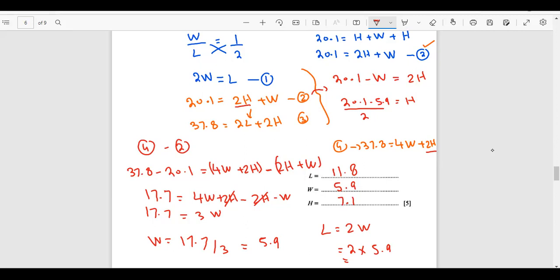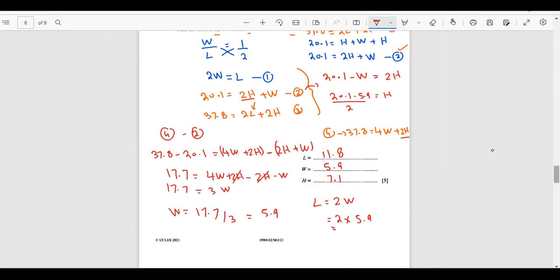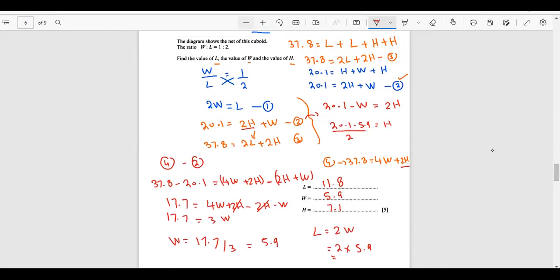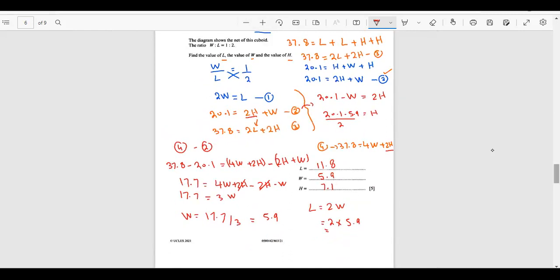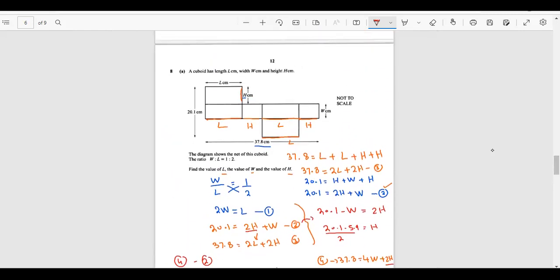Okay. So I'll zoom out and now you have everything in front of you. Please take a minute and try absorbing it. This question was all about understanding the diagram. Equation 1 was made directly using this. It was given. And for the other two equations, I used 20.1 and 37.8.